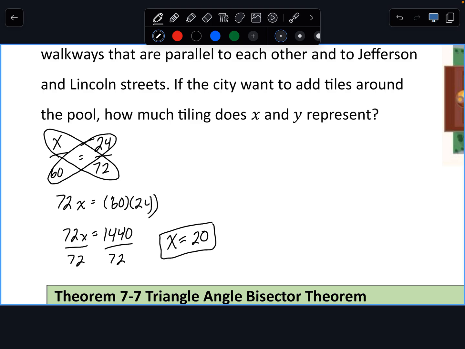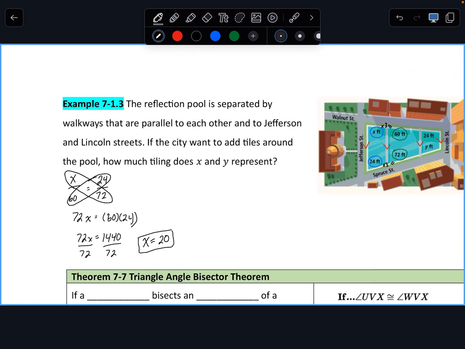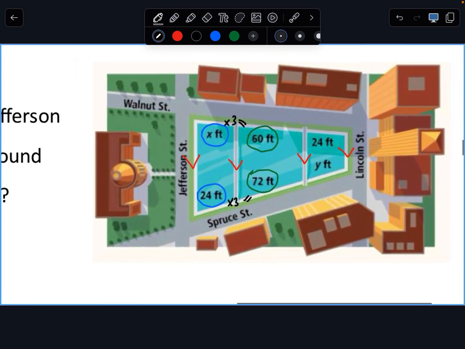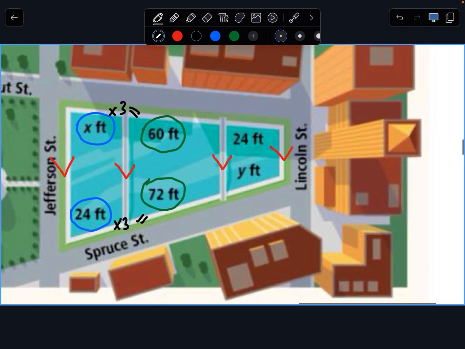All right, so we found the value of X. X is 20. Now this example wants us to find the value of Y. So I'm going to go back and look at the example here. And again, I can set up proportions. However, 60 relates to 24. 72 has to relate to Y in exactly the same way. Now, this relationship isn't quite as clear.